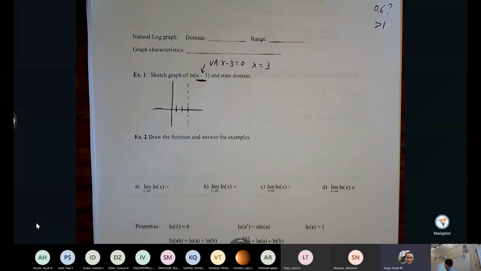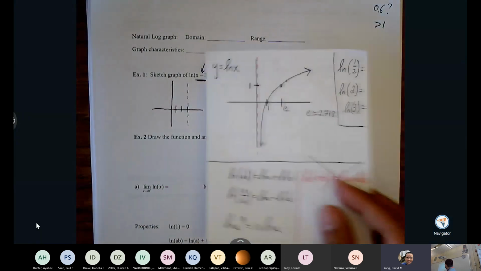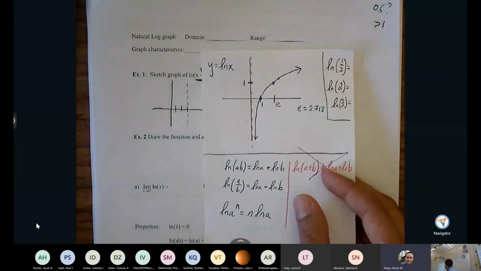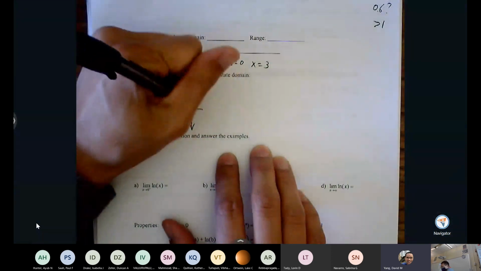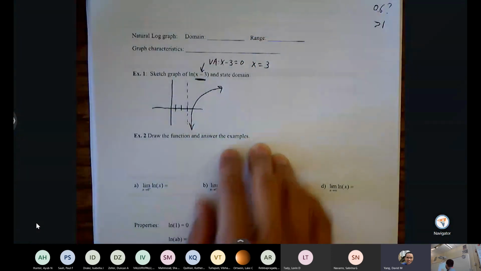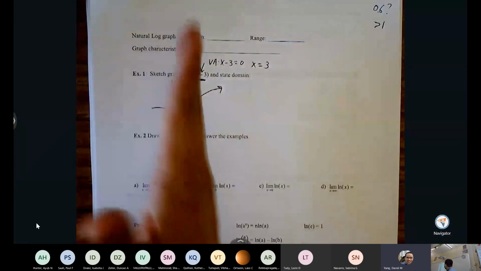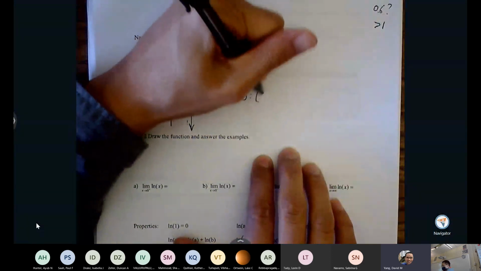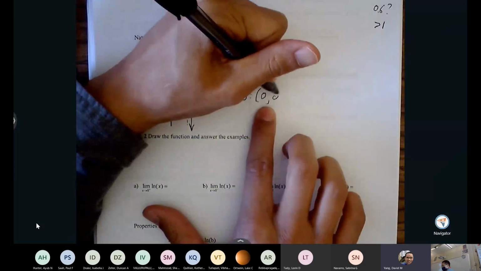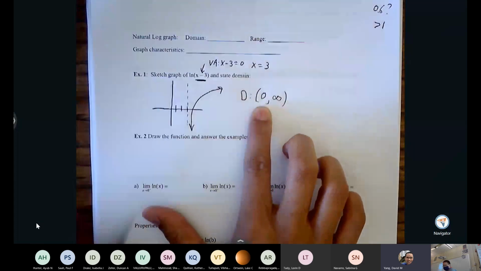So we know our graph is going to have this shape to the right of the asymptote, so we just sketch that graph to the right of the asymptote. So domain, it's going to be from the asymptote forward. Oops, sorry, not 0, 3.